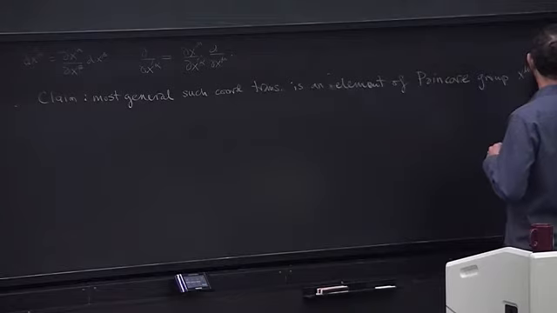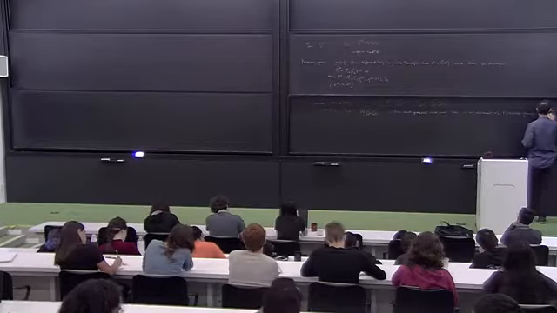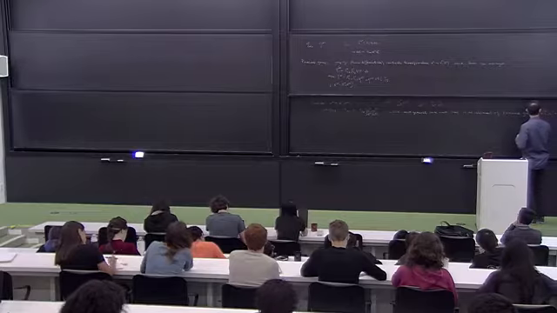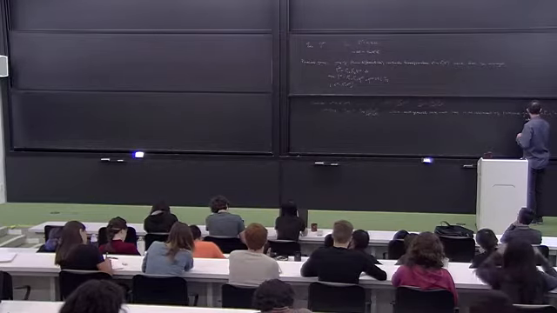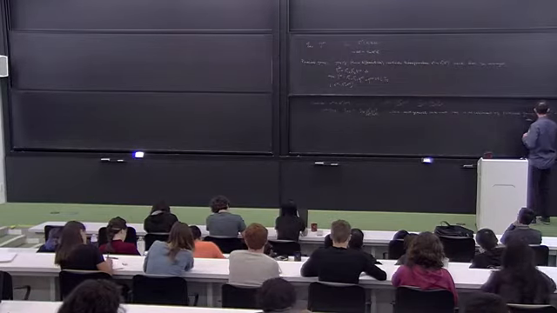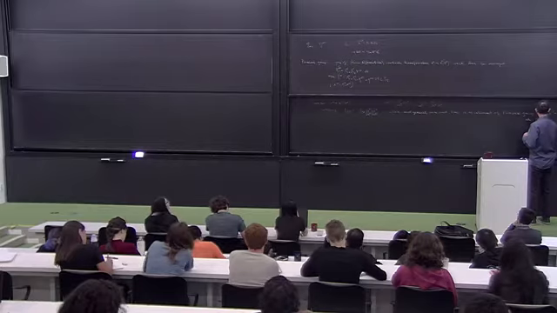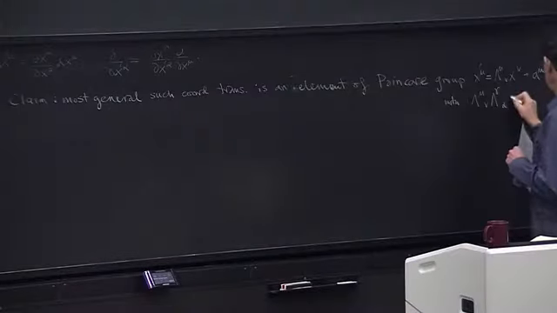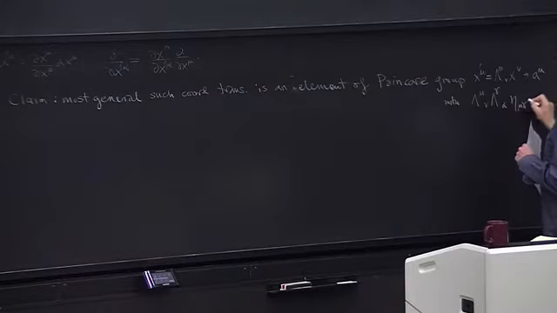Namely x prime mu is lambda mu nu x nu plus a mu, with lambda gamma alpha, eta mu gamma, lambda mu nu equals eta nu alpha.